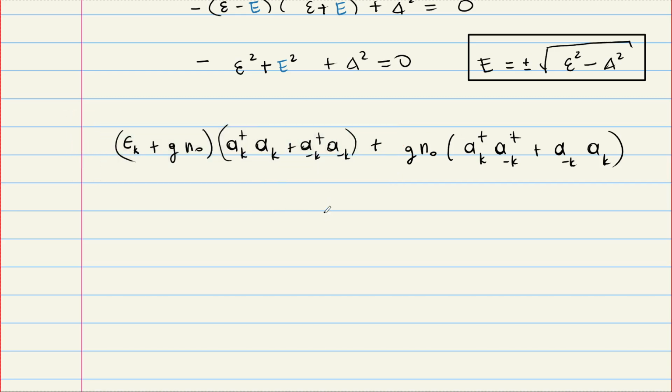And this tells me this piece is my epsilon here, and this one is my delta here. Then my energy, or Bogoliubov spectrum, taking the plus one, is going to be the square root of epsilon of k plus g n0 squared, minus delta squared, which is g n0 squared.